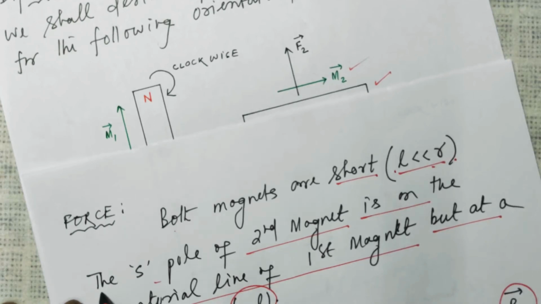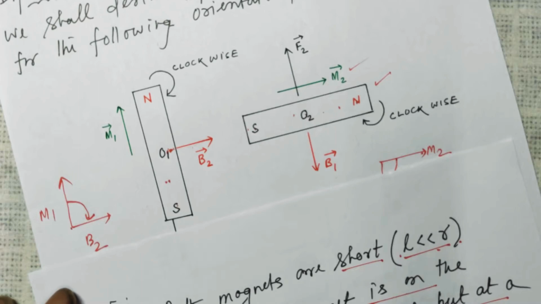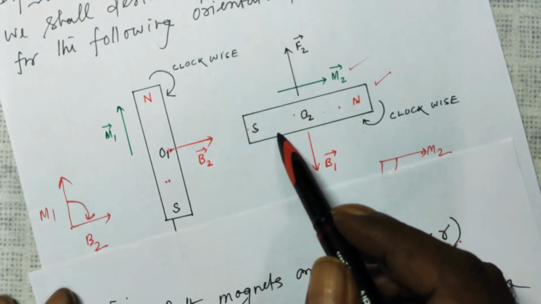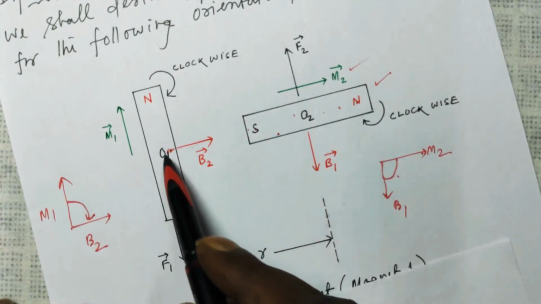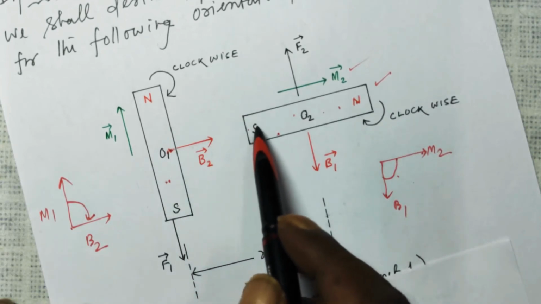Now look, the south pole of the second magnet, from the center of this magnet, is at a distance from O to this S, that is from here to here.